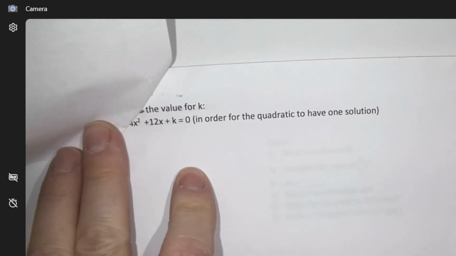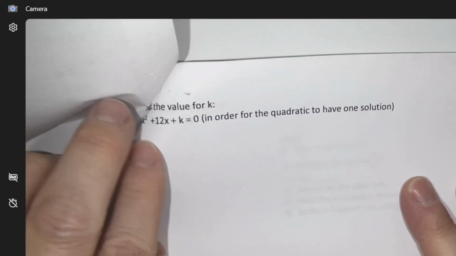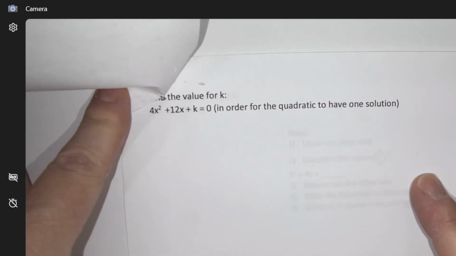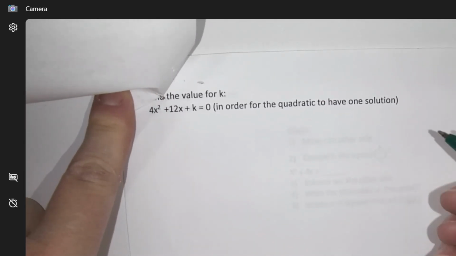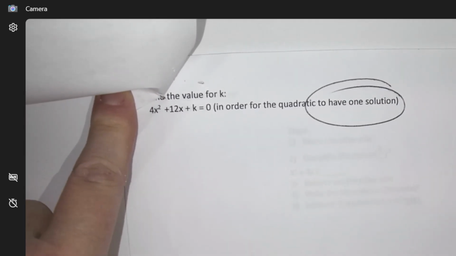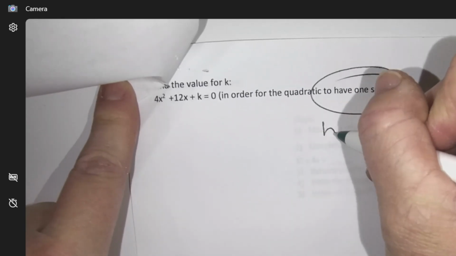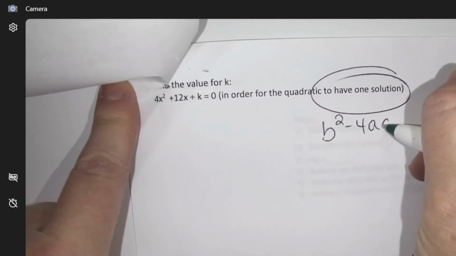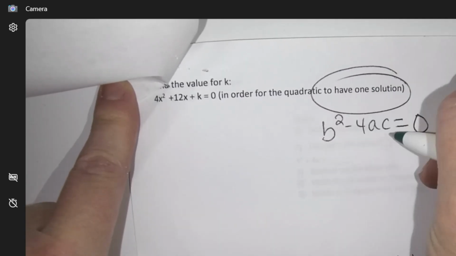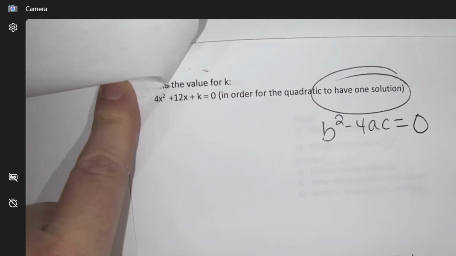Okay, I have 2 questions left, and then we're done. Okay, how do you, in math, make one answer? What's the scenario that makes that one answer? If, what was it again? If that discriminant was exactly 0.